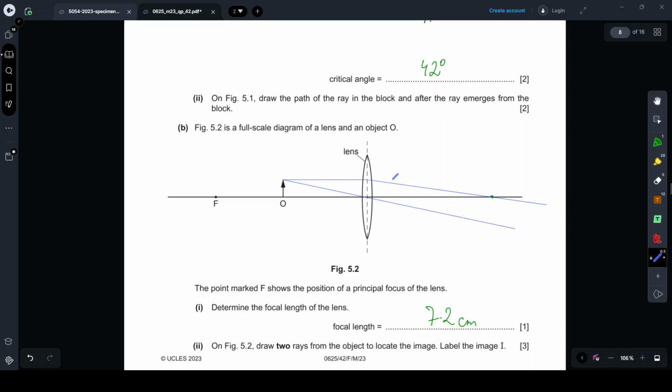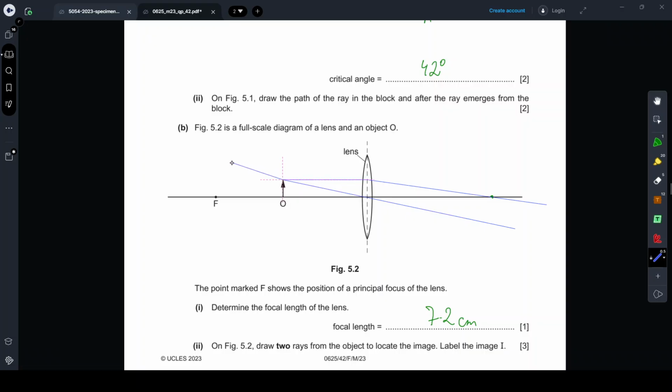Okay, so you can see that you're not going to have converging lines, and therefore you're not going to have a real image. So what you need to do now is trace back these lines with a dotted line. Again, I don't have the dotted line option in this free to use version.